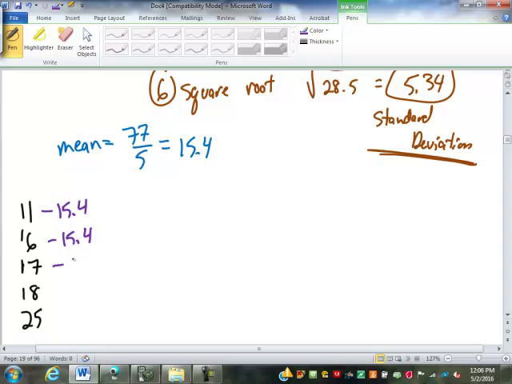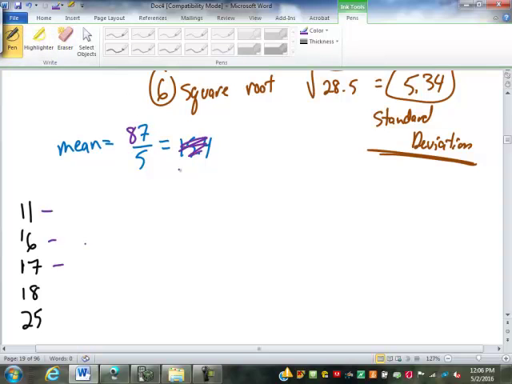I'm going to subtract. 15.4 doesn't look right. Let me try that again. Something must have added up wrong. So I've got 27, 44, 62. That should be 87.